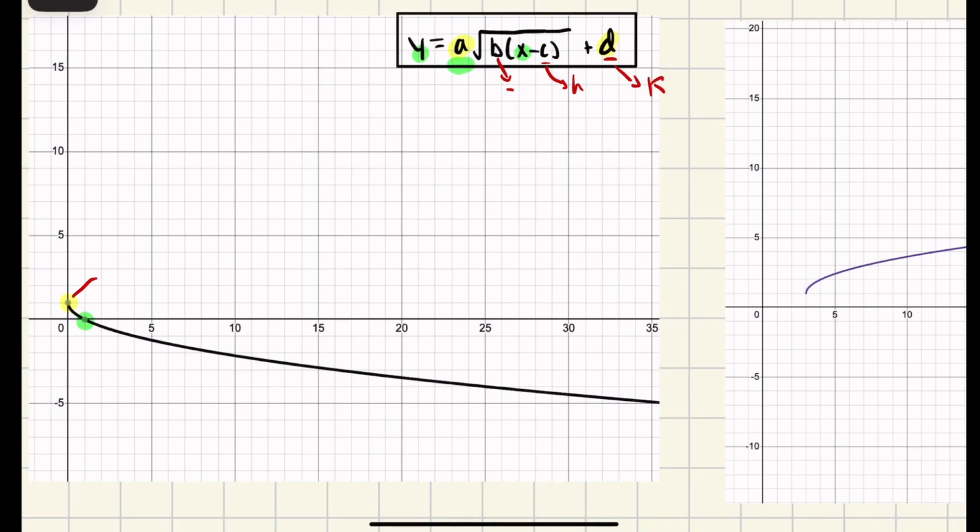So for the first point here, we can see that the coordinates are at 0 and 1. And so the 0 is going to correspond to the C or H value, and the 1 is going to correspond to the D or the K value. And so when we write this here, we're going to go y equals a root, and then it's going to be x, and then you can write plus 0 or minus 0, but it's not necessary, so we'll just leave it out here.